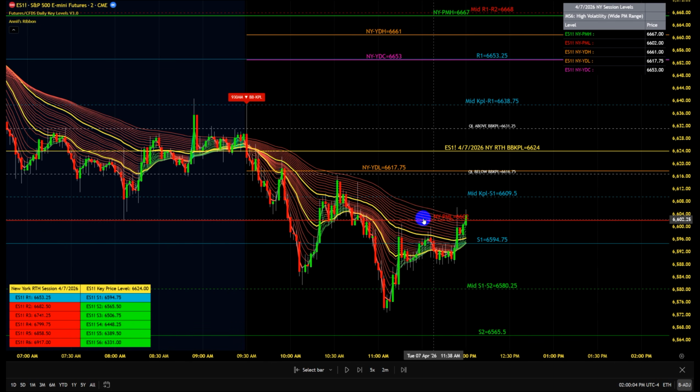So a hit of this PML level here would be your micro scalp. Your S1 level hit here would be your regular 1.00 level move in your favor regular scalp. And then we have the mid S1, S2 hit here. That would be your regular trade exit. Next, we'll look at the session before this.